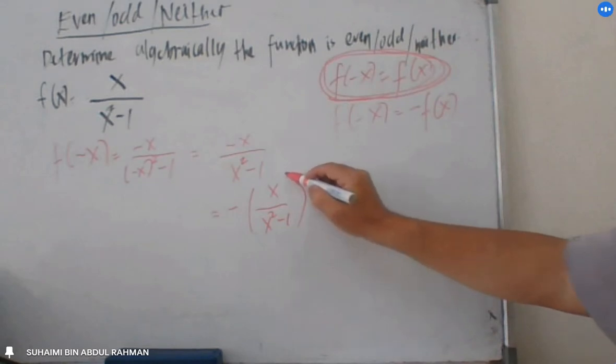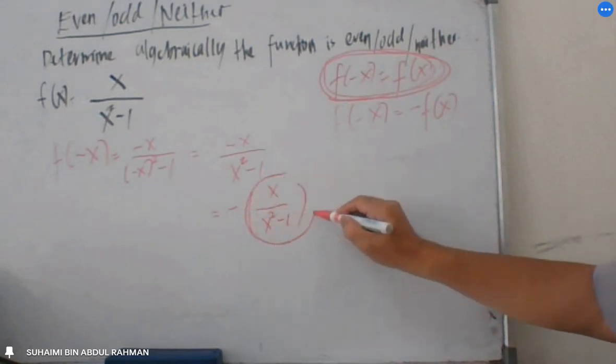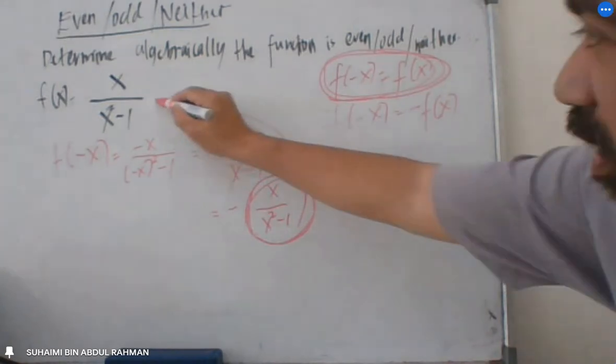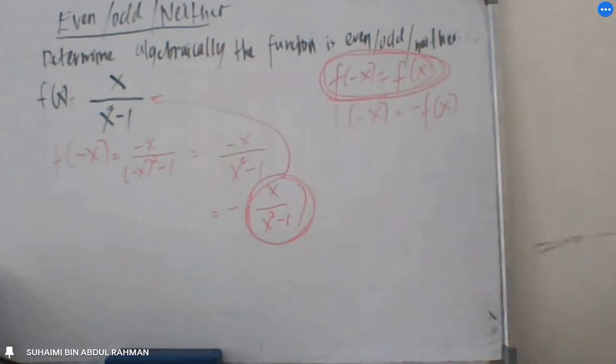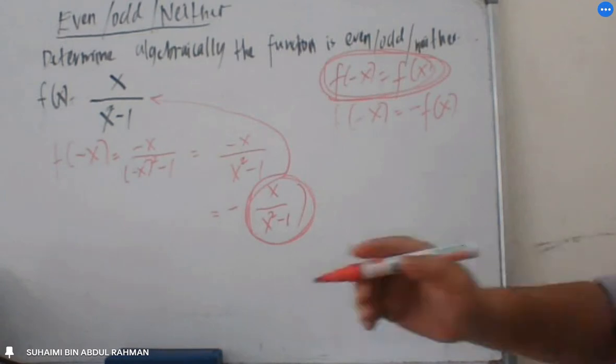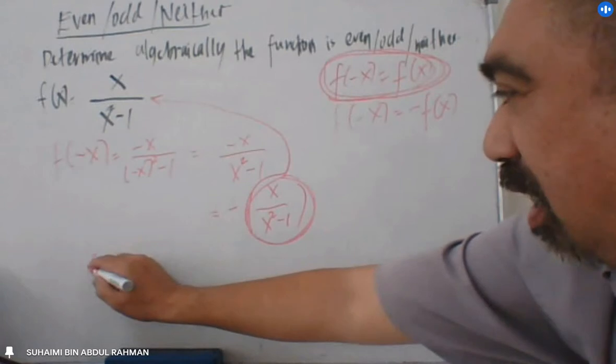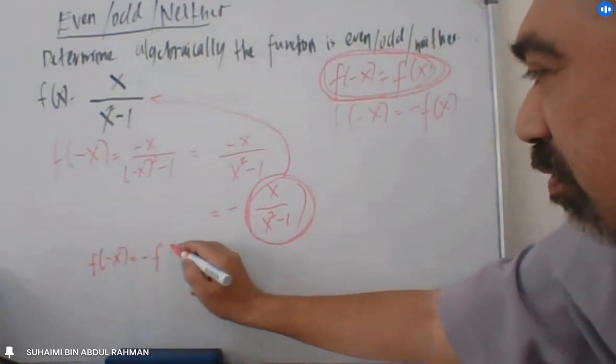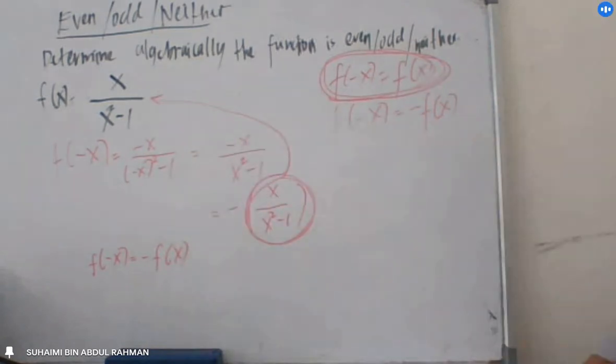And what is this? x over x square minus 1. That is f(x). Which means that f(minus x) equals minus of f(x).